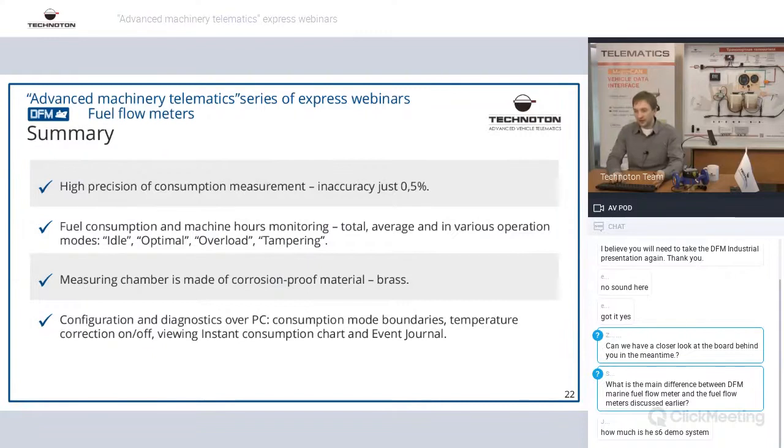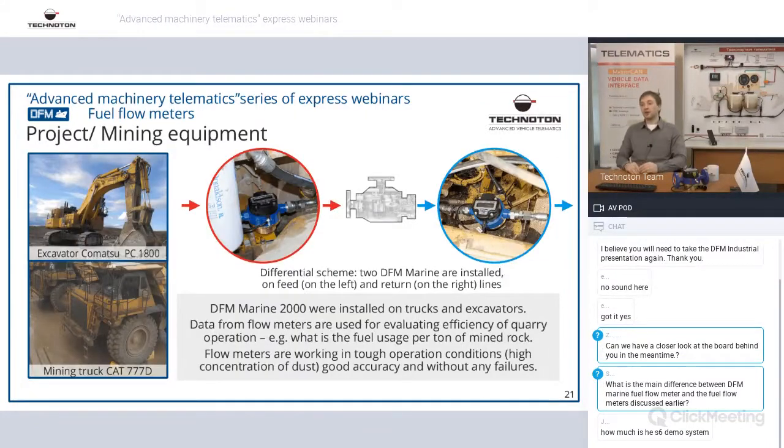So here is an example of DFM Marine in the United States. There was a project where the client wanted to monitor how efficiently his mining site is operated, what amount of fuel is consumed per 1 ton of produced mining rock. The environment there is very tough, rugged terrain.